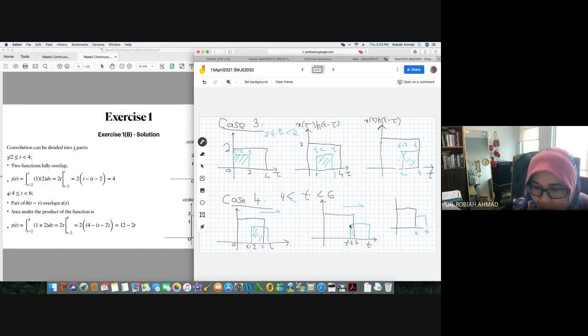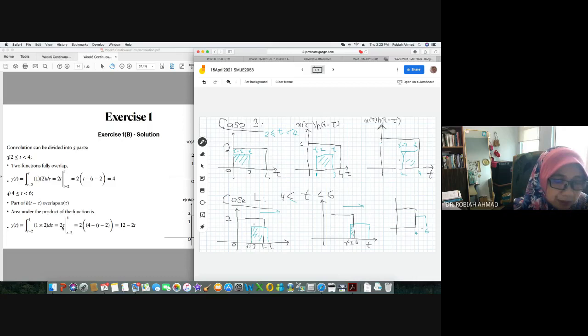Okay, so the area of overlapping will be between 4 to t minus 2, and the overlapping area is 2 times 1. Okay, the same as previously, but the change is only in the limits.